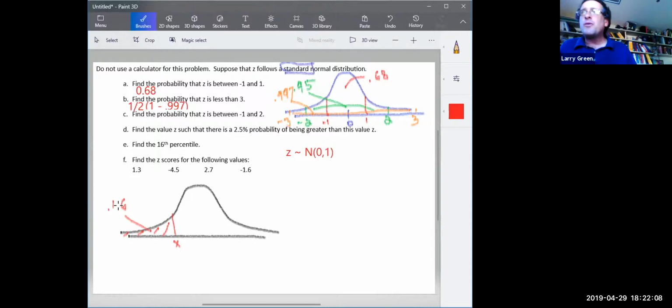So that's 0.16. The idea on this is we don't have a number that's 0.16, but that's okay, because what we can do is draw the other side of the picture and say that's also 0.16. How do we find the area in the middle if we know the left is 0.16 and the right is 0.16? What's the middle?